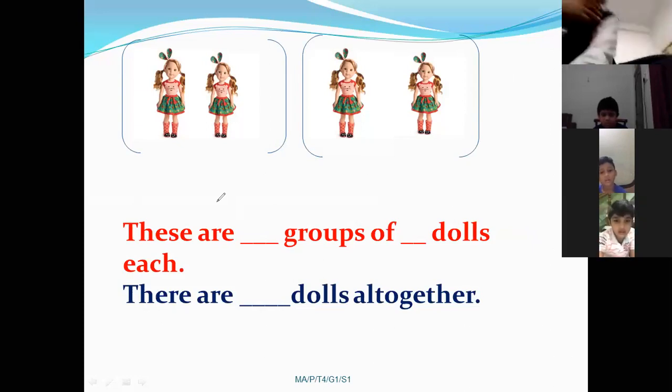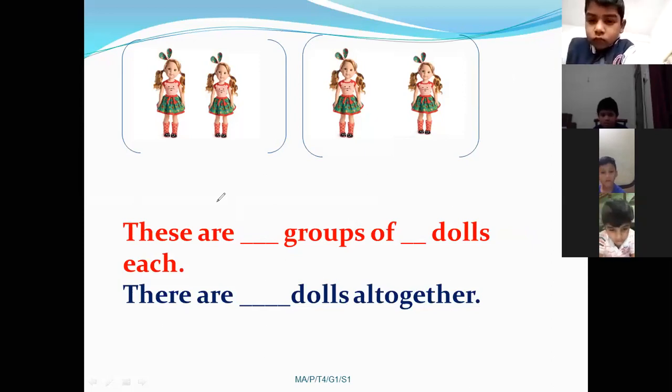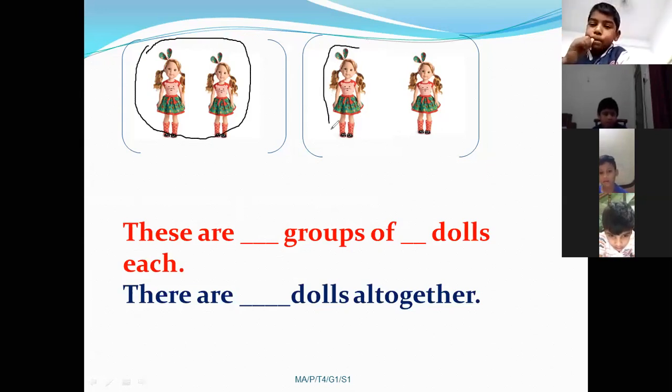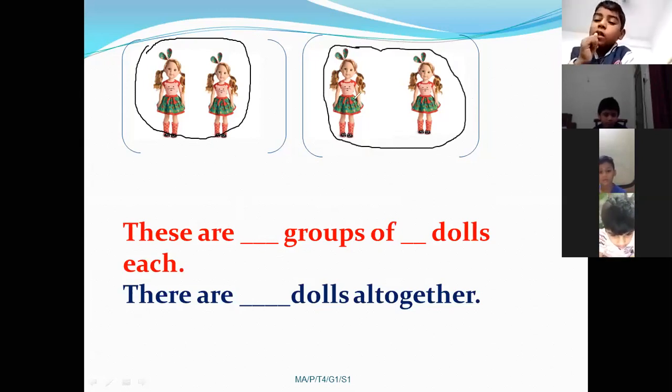Groups. Group means collection. Look at the picture carefully and then tell how many groups are there. See here. Like these two dolls are together. And these two dolls are together. You all can see this blue color line is there, no? So it is dividing them.